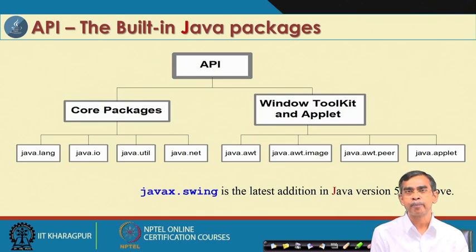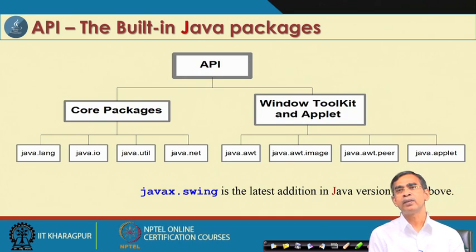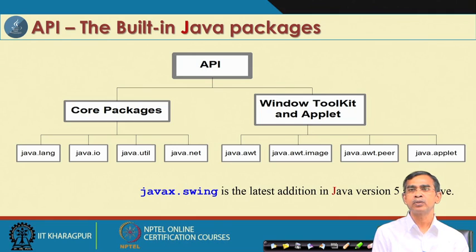Other than this core programming, graphical user interface related programming is basically done by using the package called AWT, the abstract windowing toolkit. In AWT there are image, multimedia, so many classes, and then java.applet is also another very powerful package related to applet development. And javax.swing is the latest inclusion in the windowing toolkit and applet packages.